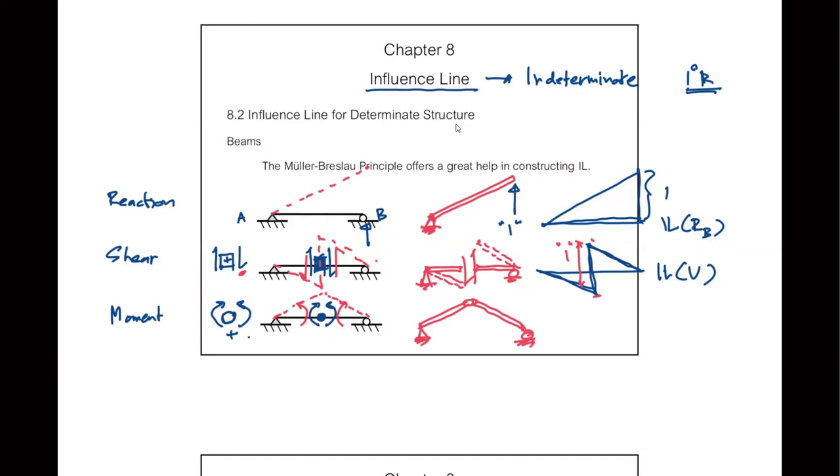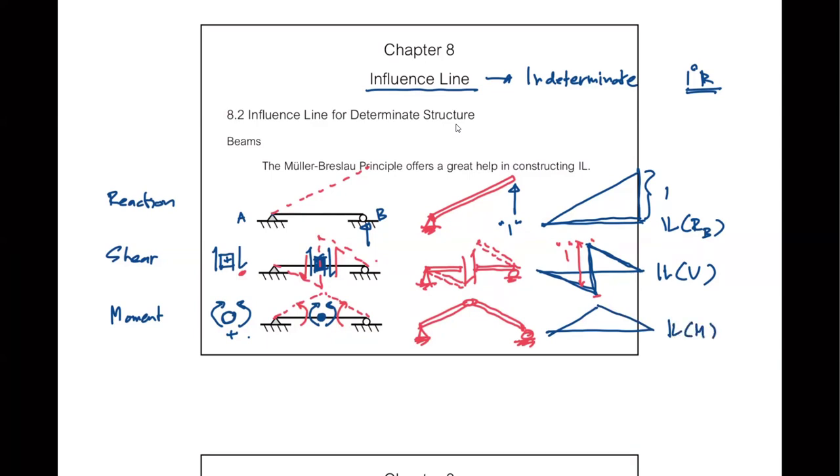And this will become the shape of the influence line of the moment. Okay, it doesn't look good. I try to find a better posture in drawing. Okay, so that's the influence line of the moment.